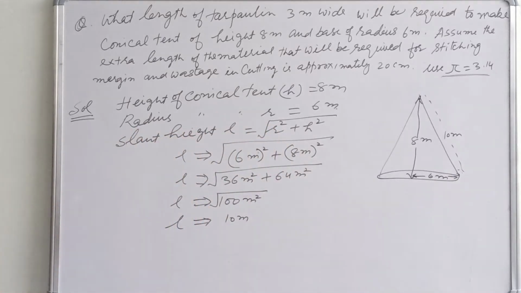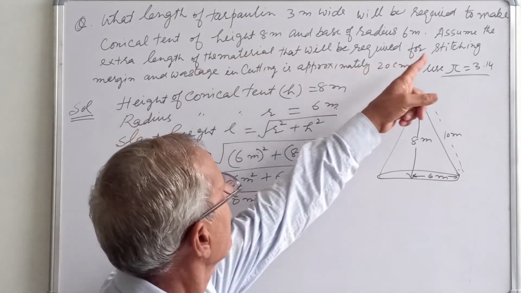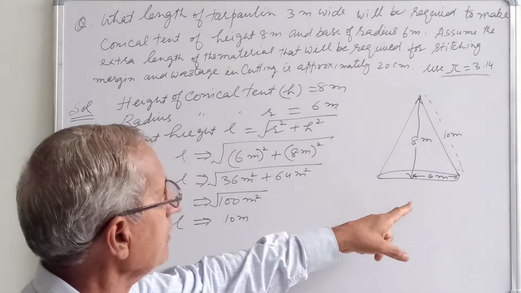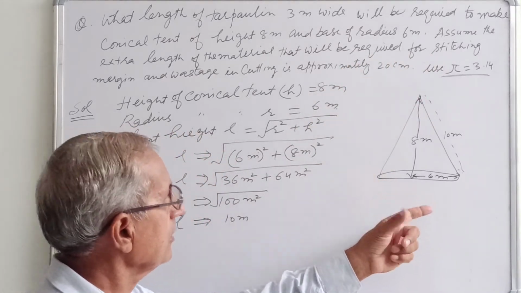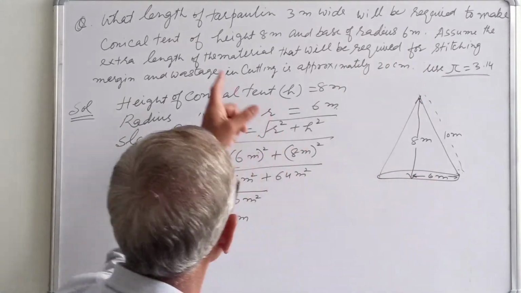Now you have to find the curved surface area of this tent to make it with a tarpaulin.